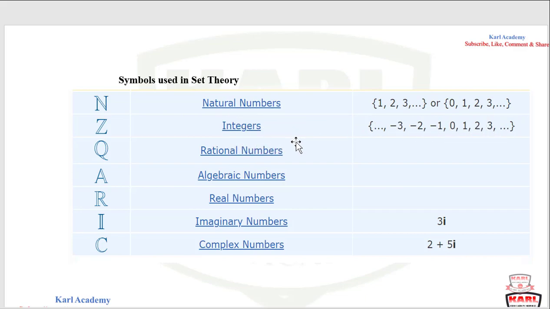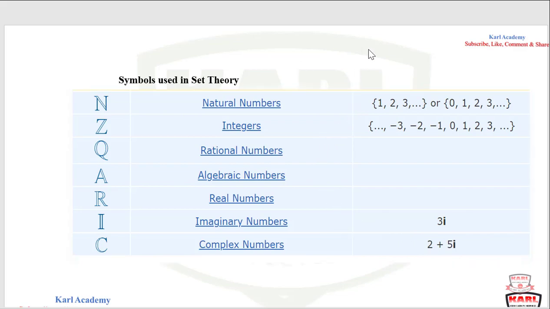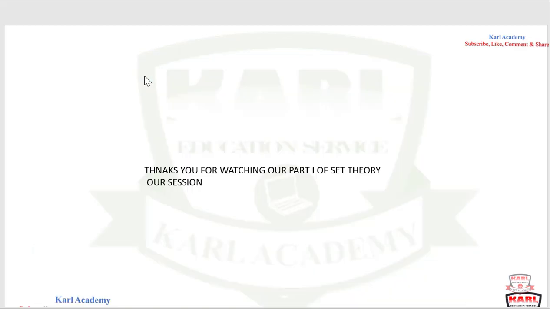Then rational numbers that can be divisible, numbers presented in fraction forms, in ratios, real numbers, counting numbers, imaginary numbers like 3i, complex numbers like 2 plus 5i. These are other set notations that you must know.